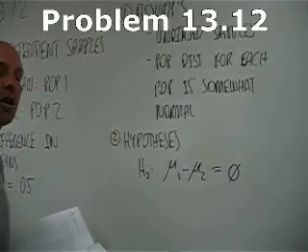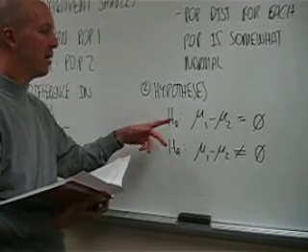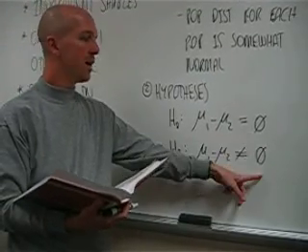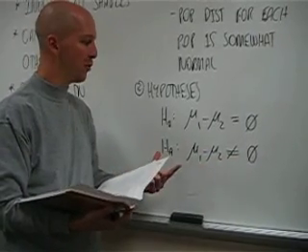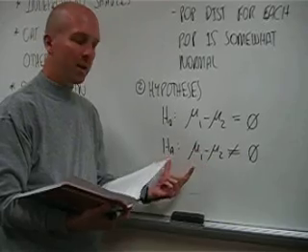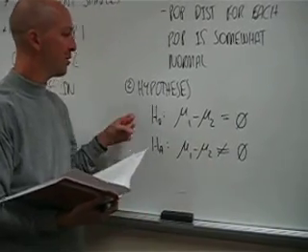So our null is that the difference in population means is 0. Our alternative is that same parameter, and the operator in between is a not equal sign, since we're testing for any difference in those population means. That takes care of step 2.